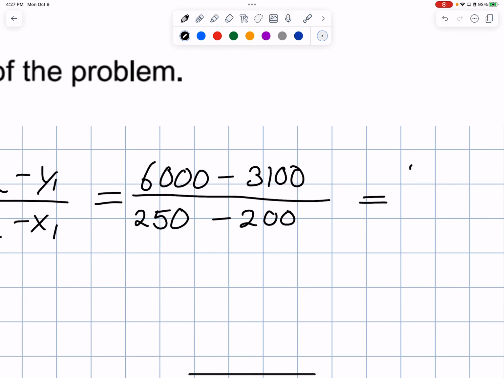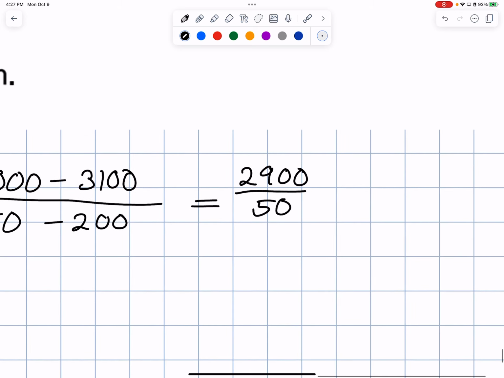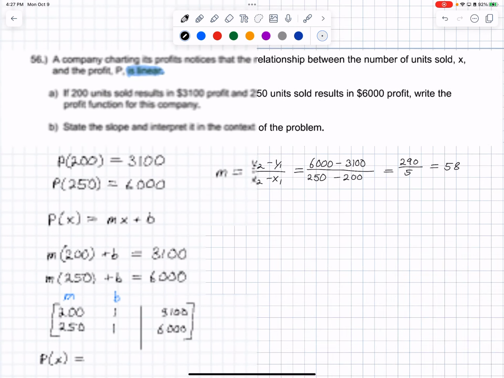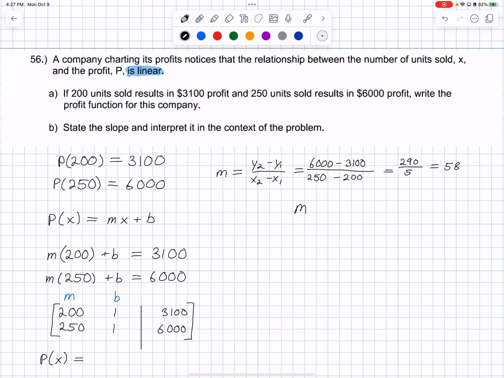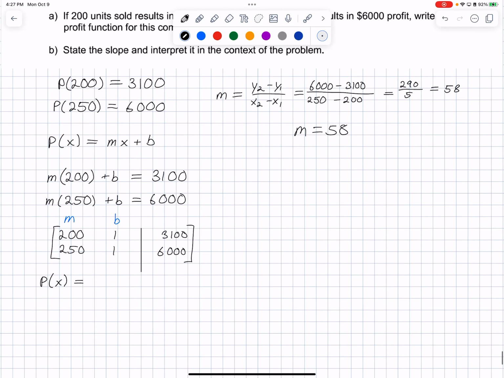So that is 2,900 divided by 50, which is, let's see, that's just 290 divided by 5, which is the same as, hang on, I can do this. It's times 2, but then divided by 10, that is 58. So the slope is 58. That's what you would get, by the way, if you solved this matrix.